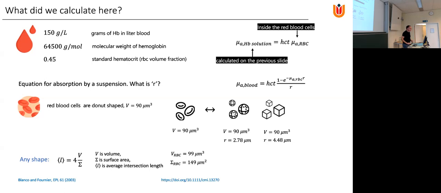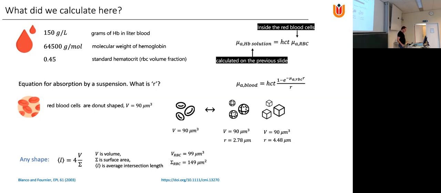So then I dove a little bit further into the literature. I found this one with some experimental results. They claimed that the volume of the red blood cells that they measured was actually a little bit larger than the 90 cubic micron that I thought it was, but they found 99. And they somehow established a surface area of about 150 square microns.